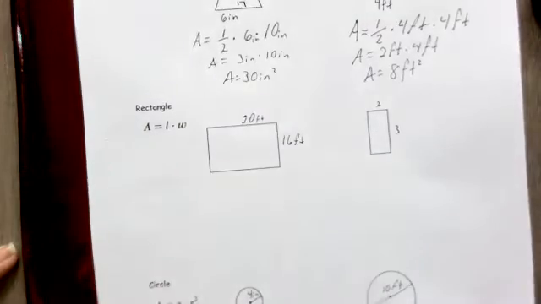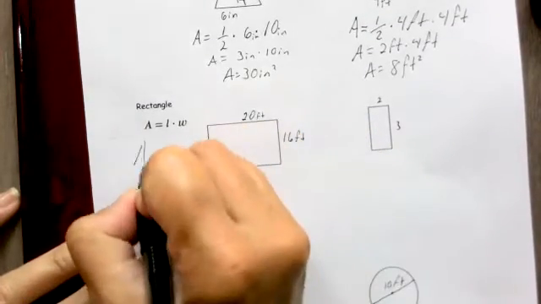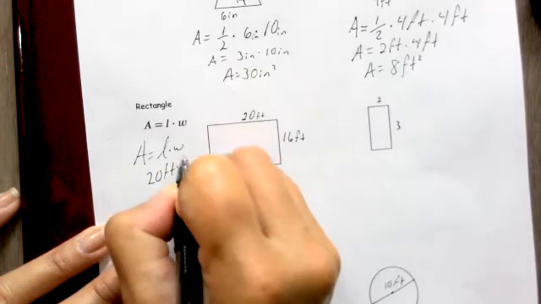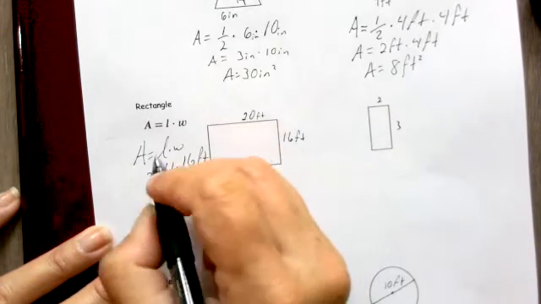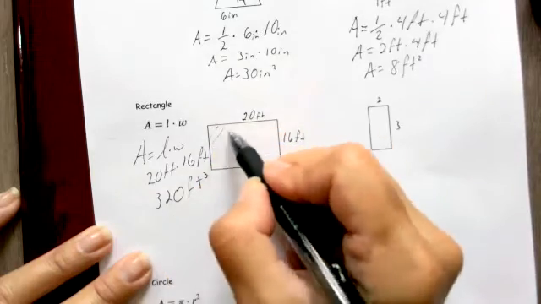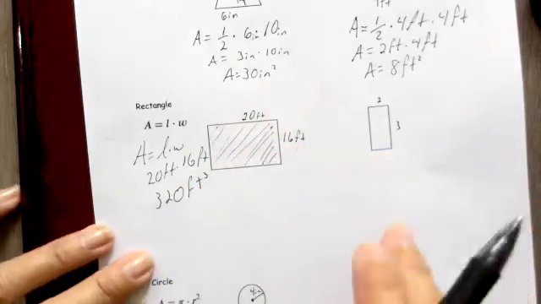Area of a rectangle is pretty straightforward: length times width. 320 feet squared will give me the area.